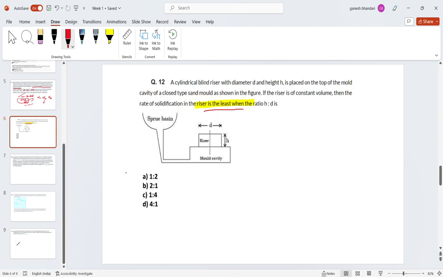What is the thing here is that firstly, if you write the volume term, which is pi by 4 d square h, this is a general term. From here, you can calculate the h term. And then you can write your area term.